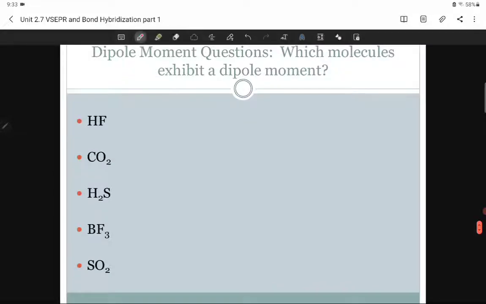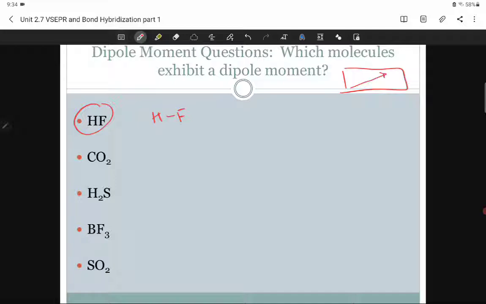If you have two atoms, you're definitely going to have one side that's partially positive, one side that's partially negative, if they're different atoms. Remember that you can figure this out by the general trend for electronegativity: as you go from bottom left to top right, you become more electronegative.